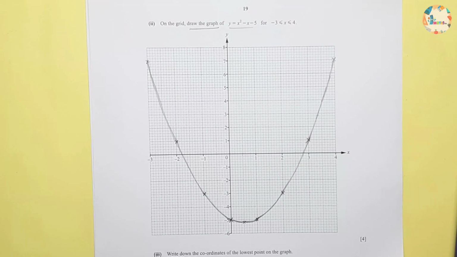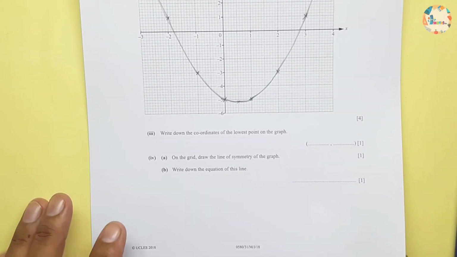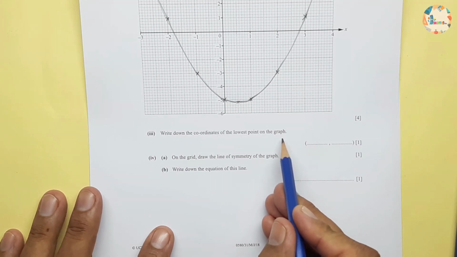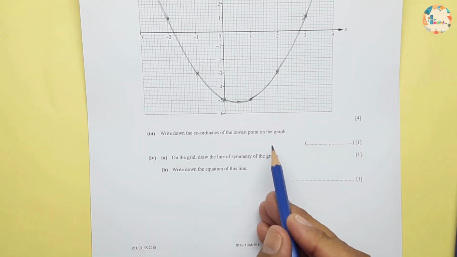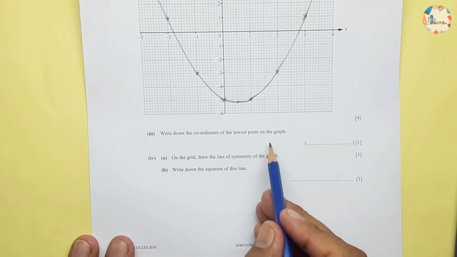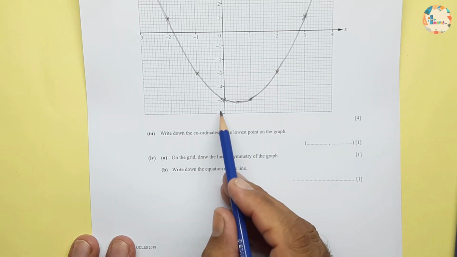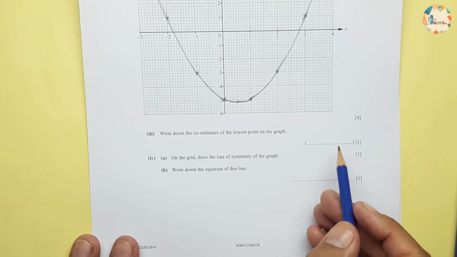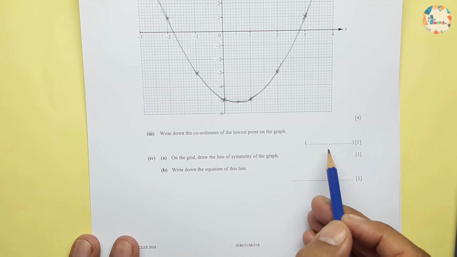So this is done, and they are saying write down the coordinates of the lowest point on the graph. So the lowest point will be 0.5.